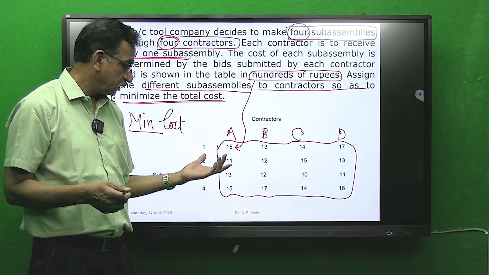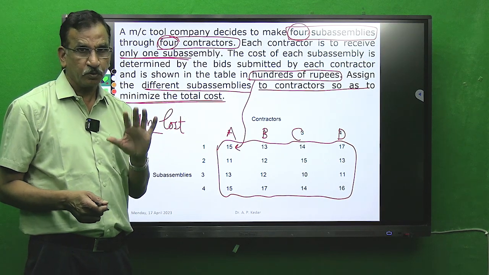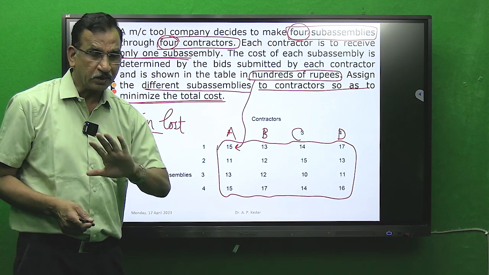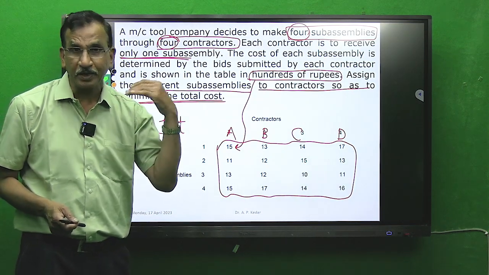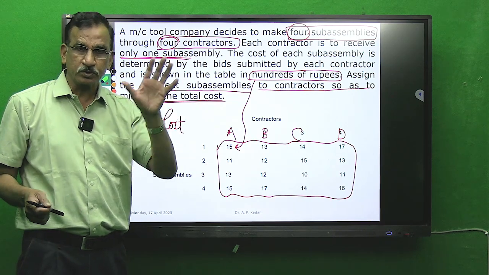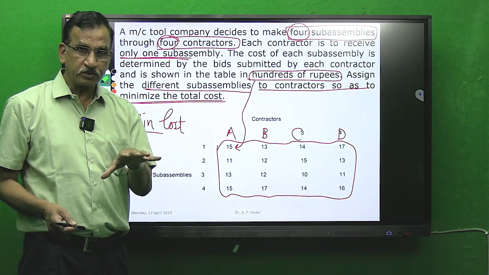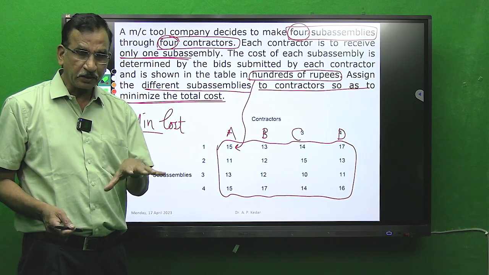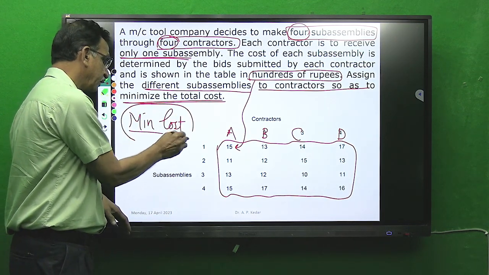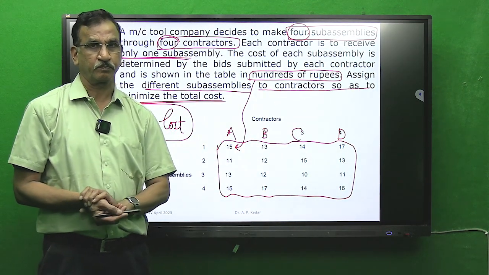Again I will say any one sub-assembly will go to any one contractor, but your task as an engineer, as a decision maker, is not to assign arbitrarily to any contractor. Follow the Hungarian method, the standard technical method, and find the correct assignment that will result in minimizing the cost of these sub-assemblies being done through these contractors.